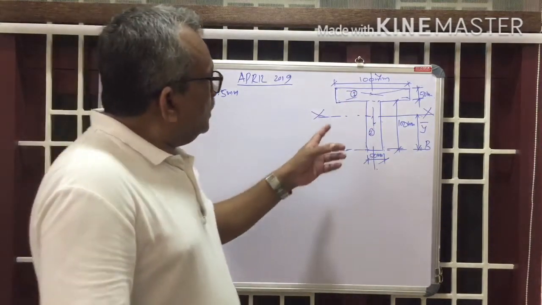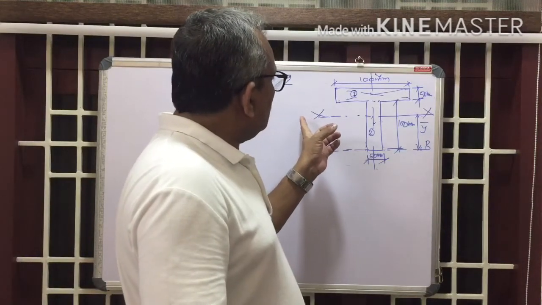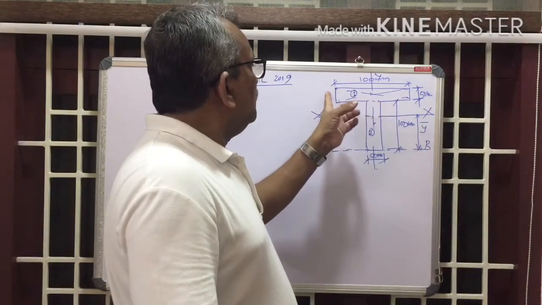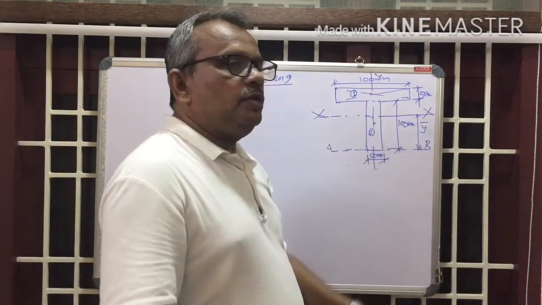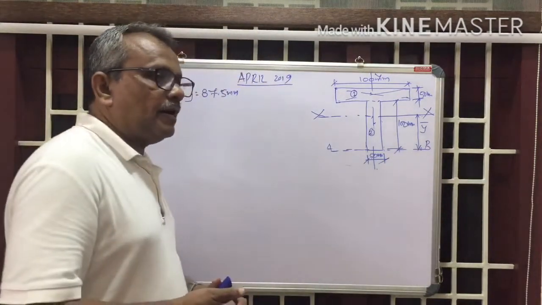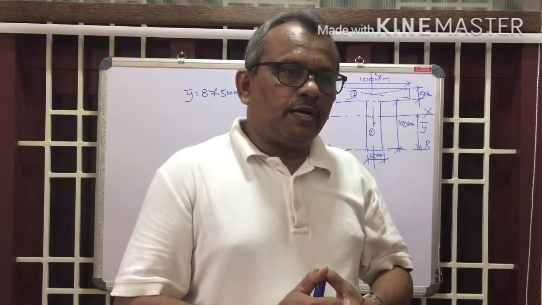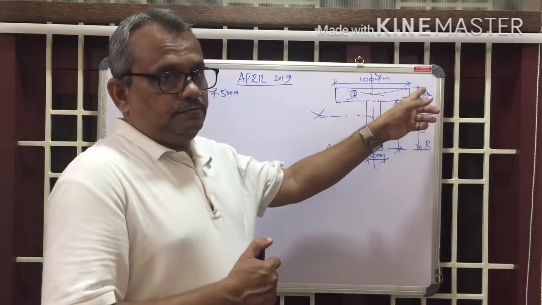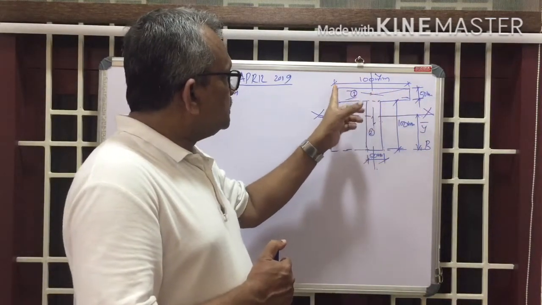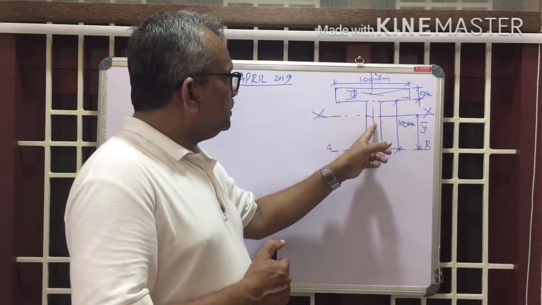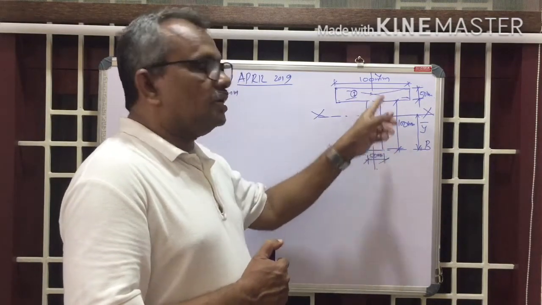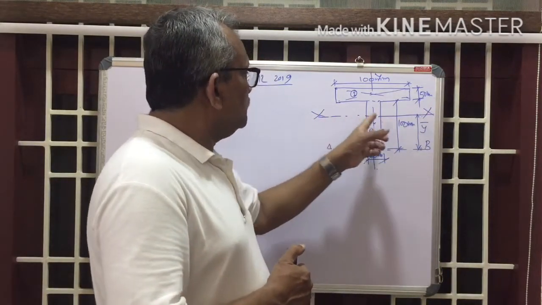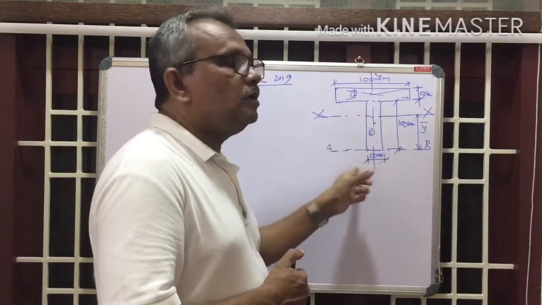Since the common xx axis is not passing through the center of gravity of either rectangle, we have to use the parallel axis theorem that you know. Here this point represents the center of gravity of rectangle 1, and similarly this point represents the center of gravity of rectangle 2, whereas this xx line passes through the common CG of the whole figure.